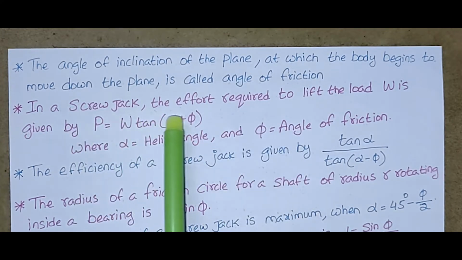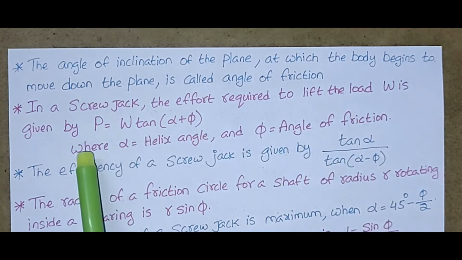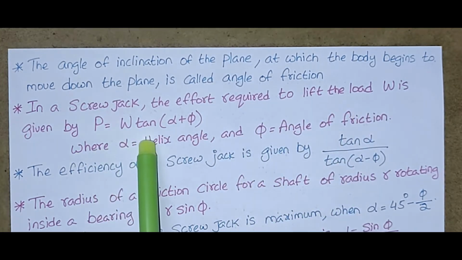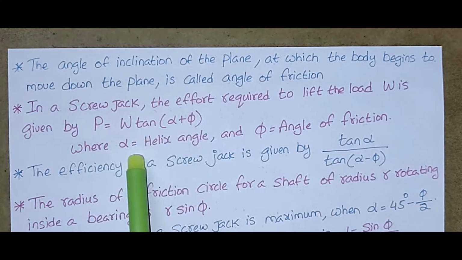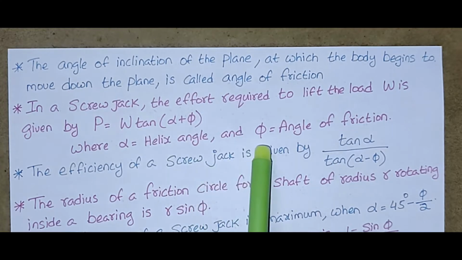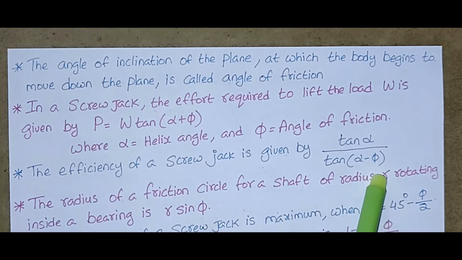In a screw jack, the effort required to lift the load W is given by P equal to W tan(alpha plus phi), where alpha is helix angle and phi is angle of friction. The efficiency of a screw jack is given by tan alpha by tan(alpha minus phi).